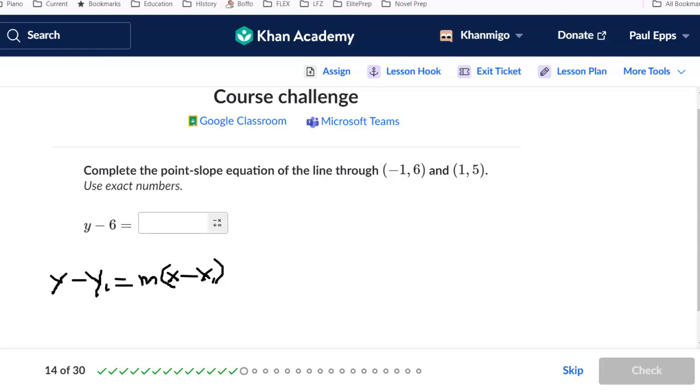All right, so it looks like they're using the first point there, -1, 6, because they're using 6 as y1.